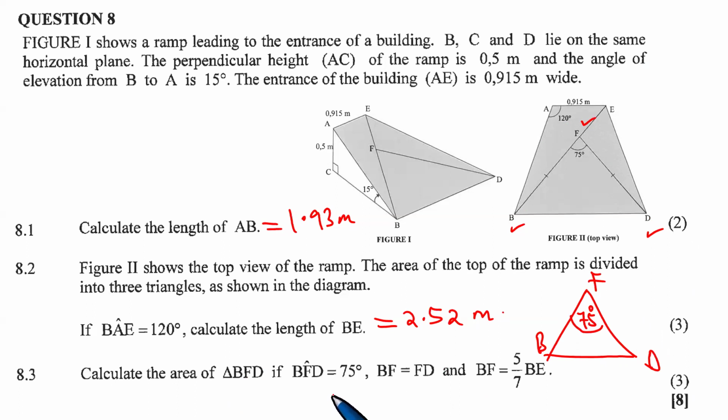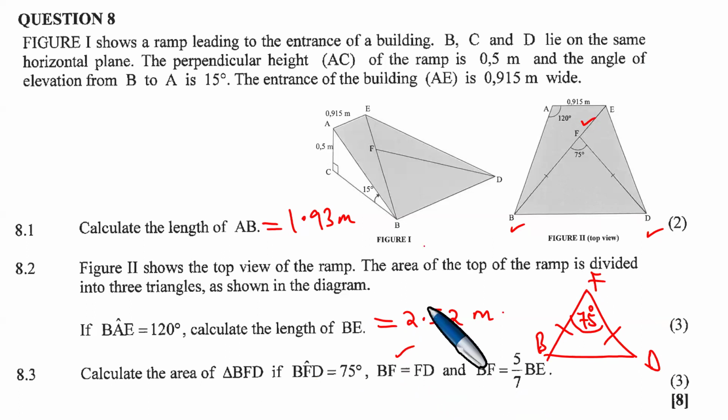But what do we actually know? We know that this particular side is equal to this side here, because BF is equal to FD. And we have that BFD is 75 degrees. And here is a very important result.